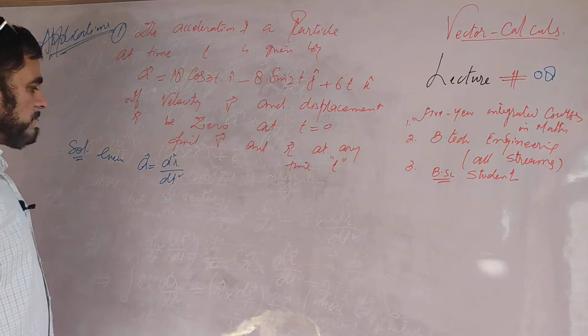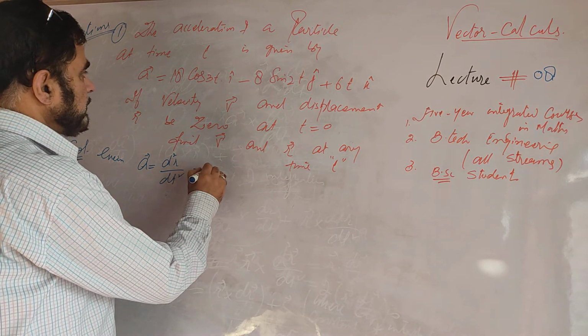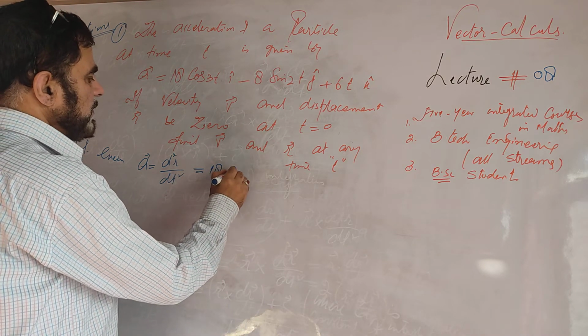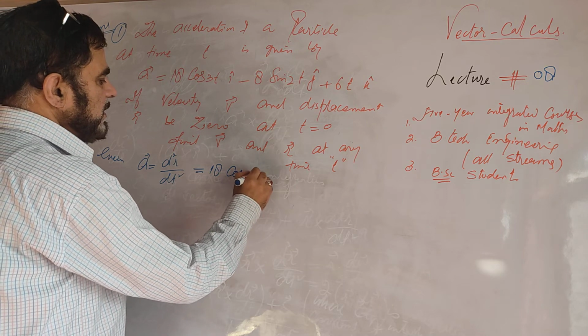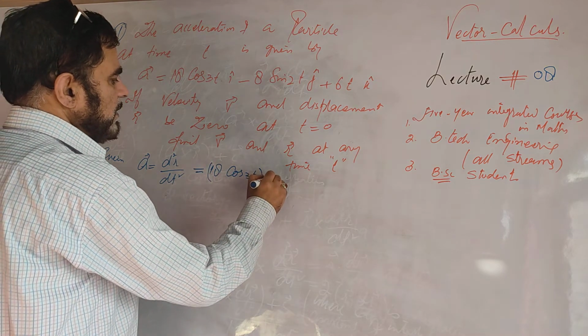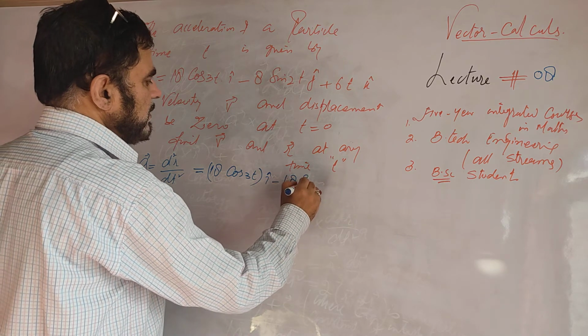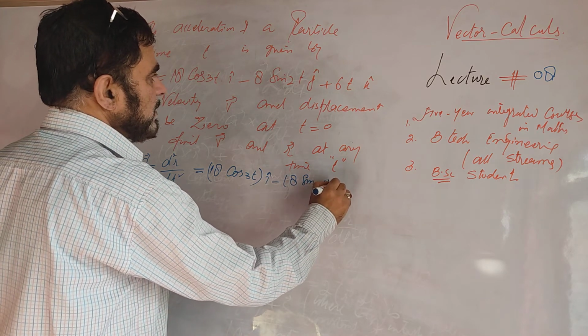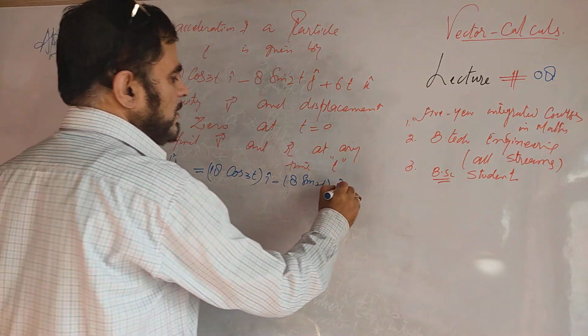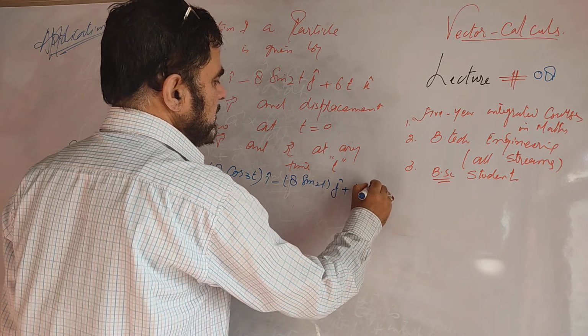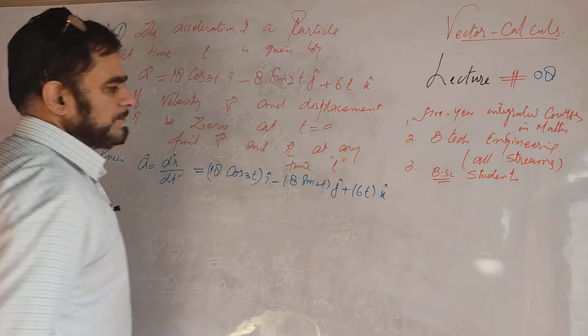It is the acceleration, which is 18 cos 3t i minus 8 sin 2t j plus 60 k.